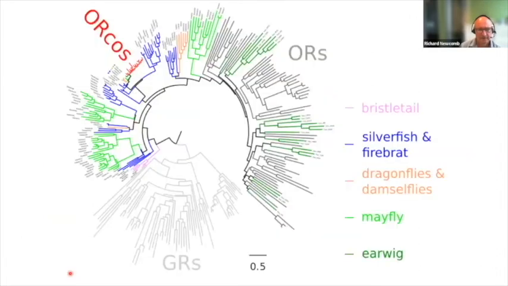Okay, so now this is the latest phylogenetic tree of these odorant receptors. So still, we agree with Hugh that they probably evolved from gustatory receptors, but you can see around the base of the tree, we've got a much more complex situation with many of these more basal invertebrates having radiations of odorant receptors, including those related to orco.